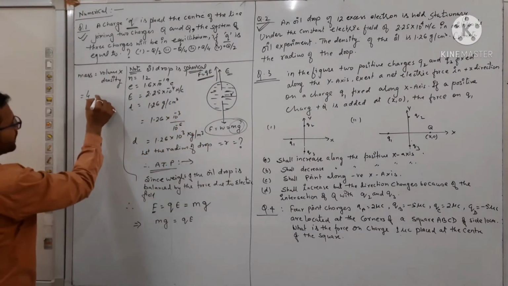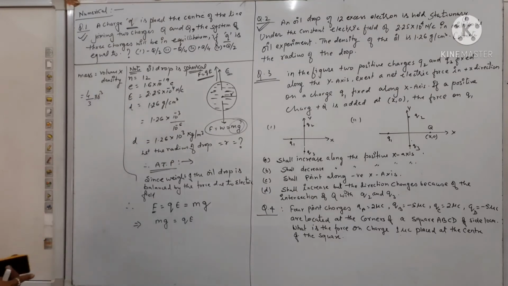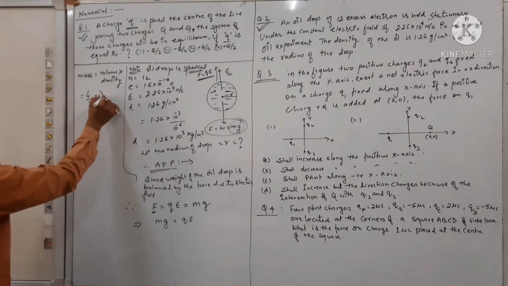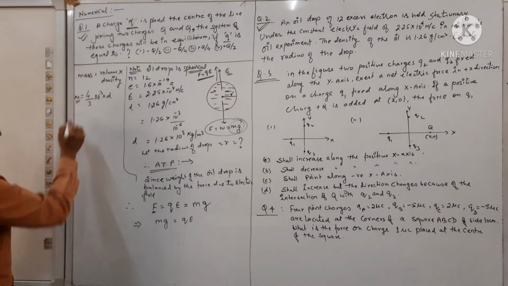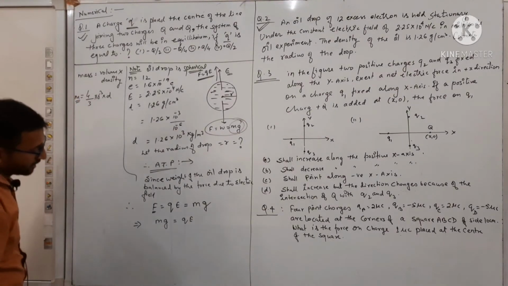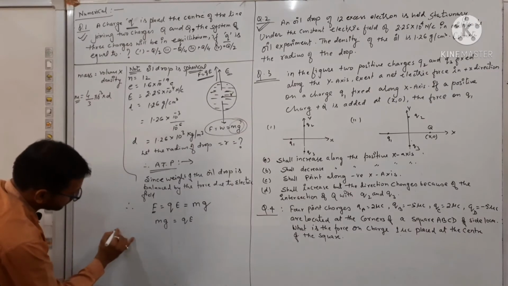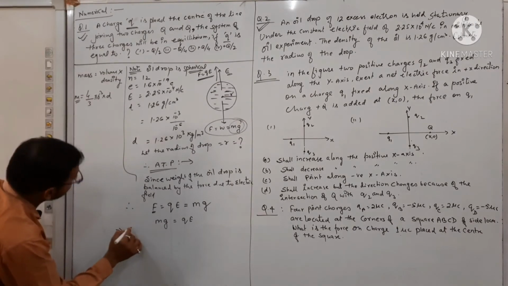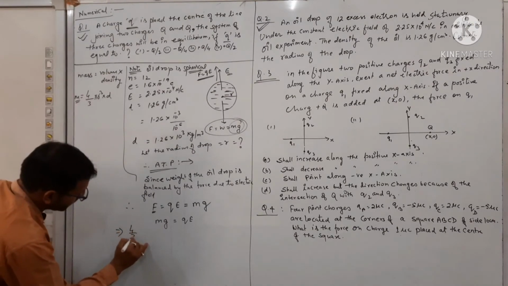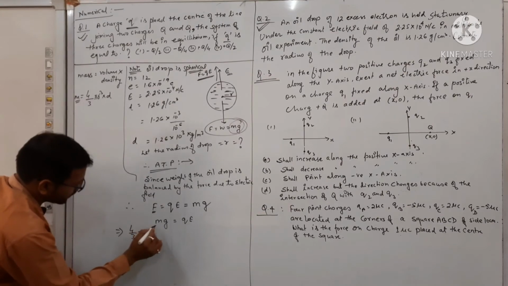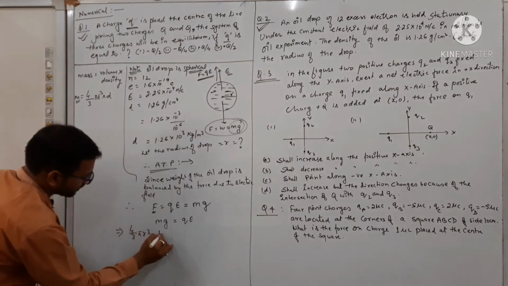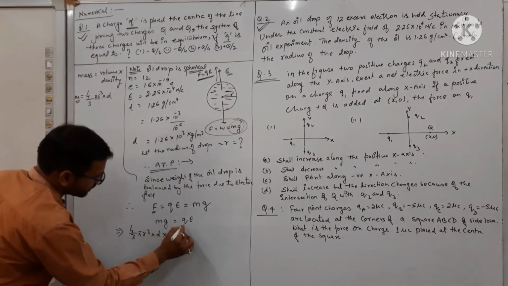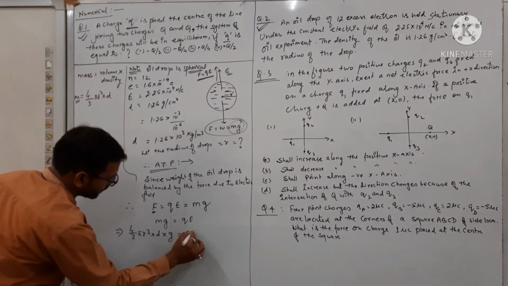So it will be 4 by 3 pi r cube, and the density is d. So this is equal to the mass of the oil drop. So in the next line I am writing volume 4 by 3 pi r cube into its density.